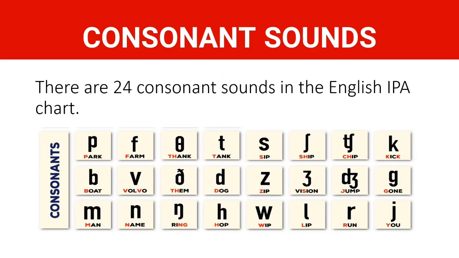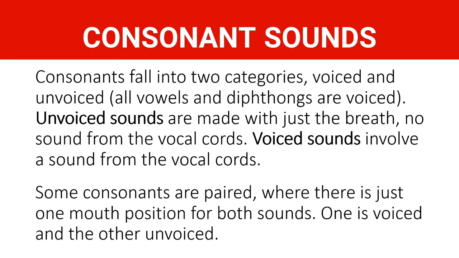Now let's talk about consonant sounds. There are 24 consonant sounds in the English IPA chart. Consonants fall into 2 categories: voiced and unvoiced sounds. All vowels and diphthongs are voiced. Unvoiced sounds are made with just a breath, no sound from the vocal cords. Voiced sounds involve a sound from the vocal cords.